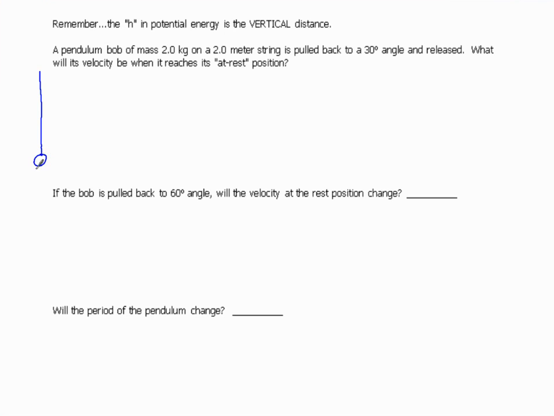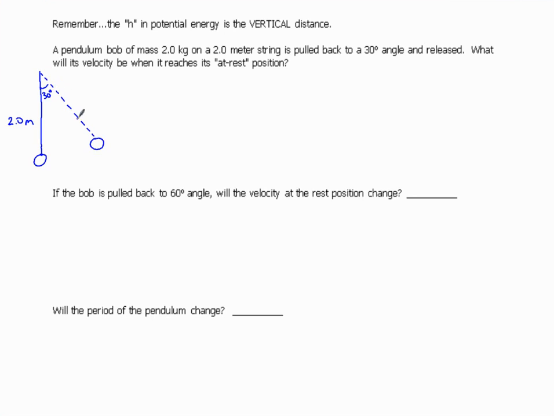Okay, so here it is. The length of this entire string is 2 meters. We're going to pull this back to 30 degrees. Remember, the picture is approximate. So there's 30 degrees.